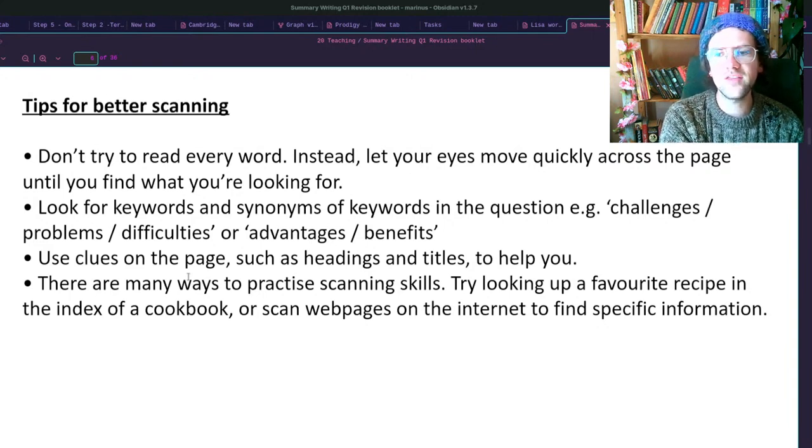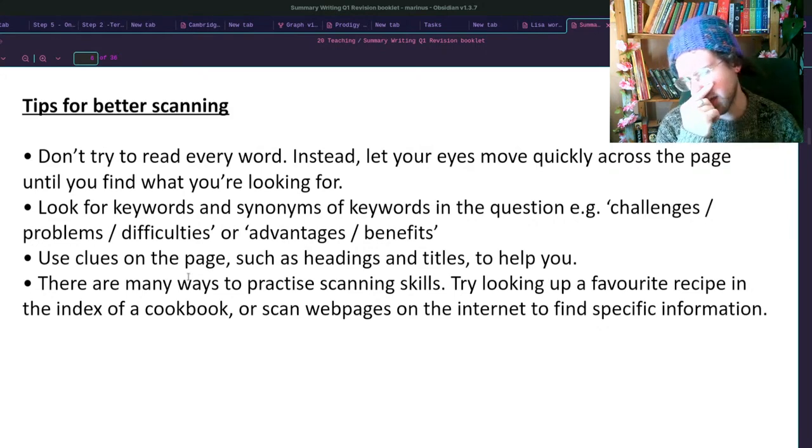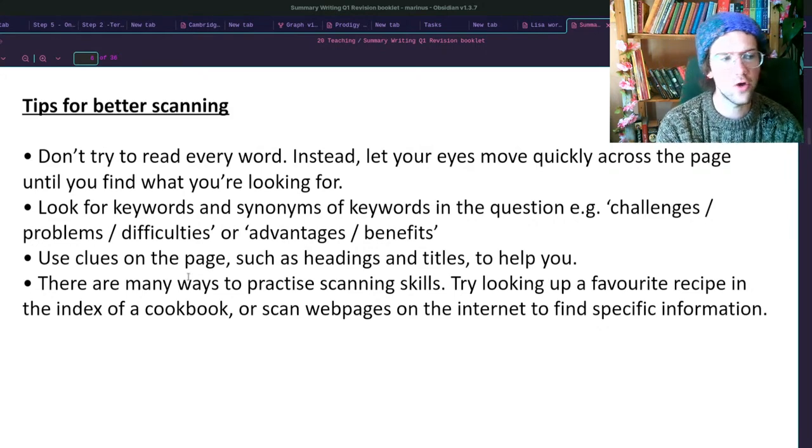There are many ways to practice scanning skills. Try looking up a favorite recipe in the index of a cookbook, or scan web pages on the internet to find specific information. Have you ever opened a recipe on a website, and there's a whole article beforehand, and you're like, can we just skip past this and get to what I need to know? I just need to know if I need butter in this recipe, because I don't have butter.